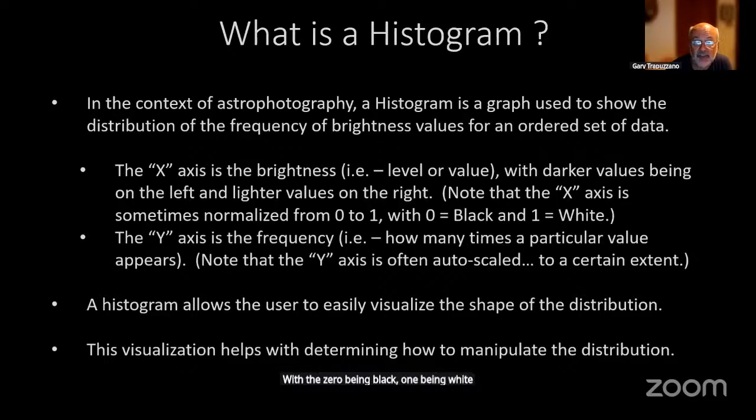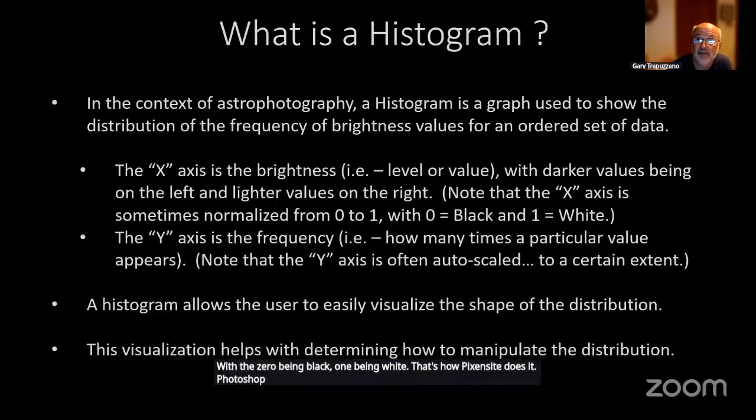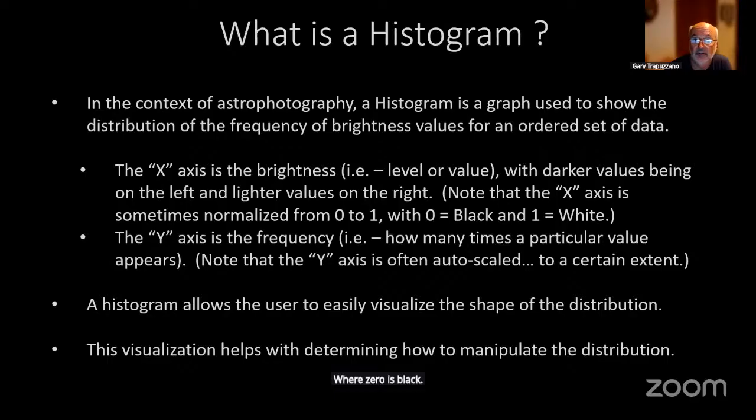That's how PixInsight does it. Photoshop does it from 0 to 255, where 0 is black, 255 is the brightest value that an 8-bit value can make. I'm not sure how to say that. An 8-bit digit, whatever, even though it's not really a digit.